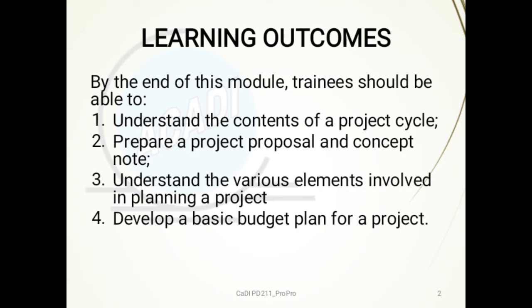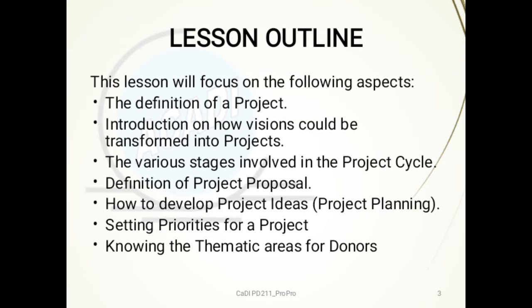Our learning outcomes are to understand the content of a project cycle, prepare a project proposal and concept note, understand the various elements involved in planning a project, develop a basic budget plan for a project.